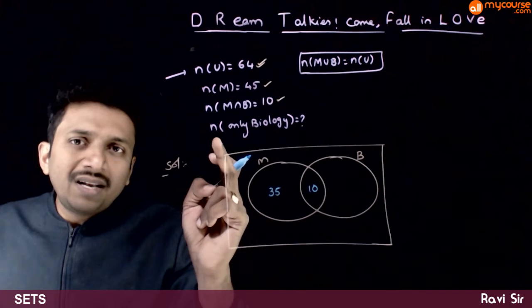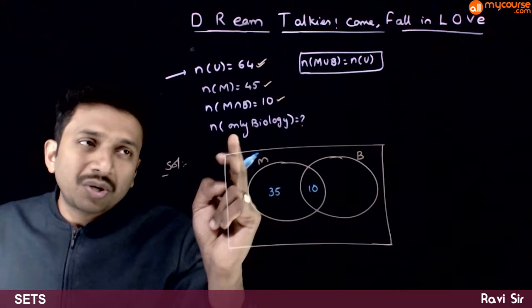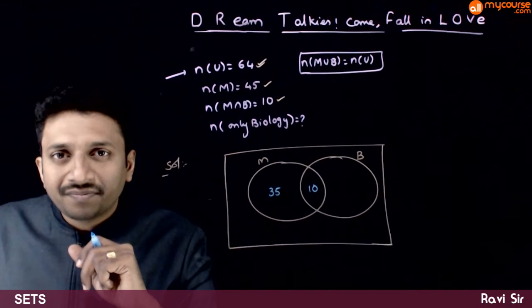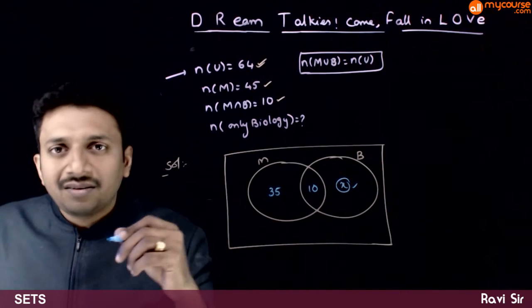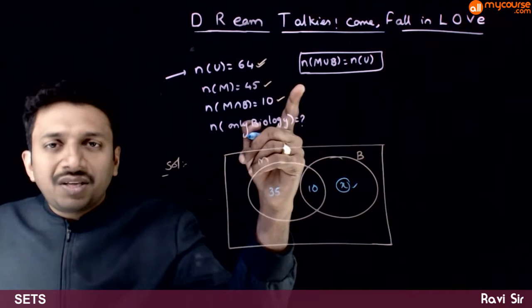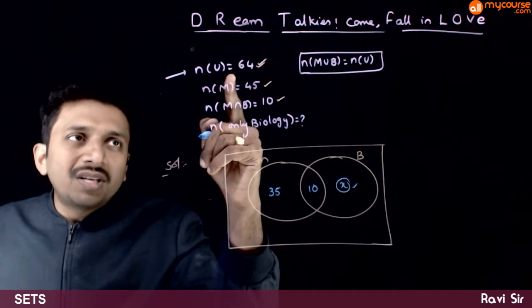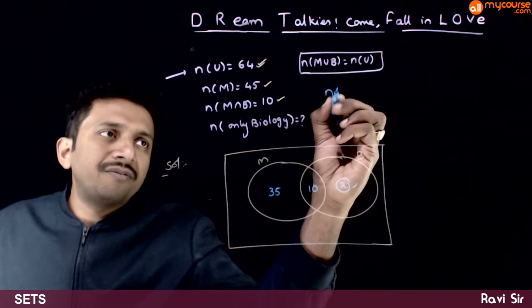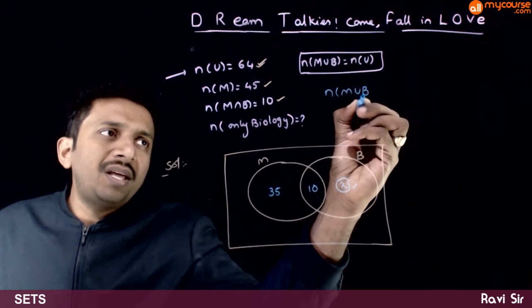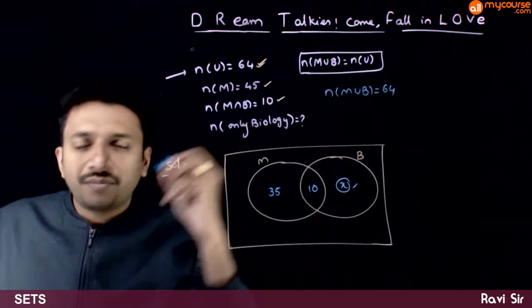Now we are asked to find the number of students who have passed only in biology. According to the given question, all the students have passed either in maths or in biology. That is, n of M union B is equal to 64.